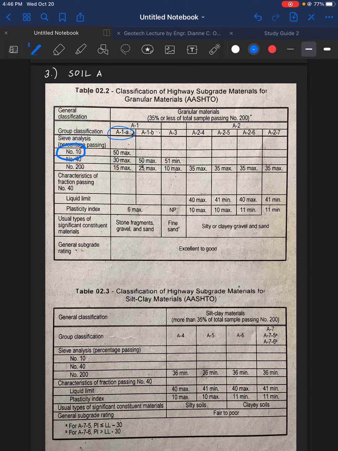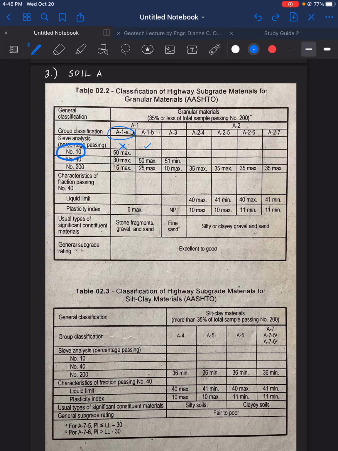Does it satisfy that condition? No, because the percentage passing number 10 is 54. So it should not be 50 max, it should be 50 minimum. So if this is an X here, therefore this one here is correct. It's blank, but still, it's correct.